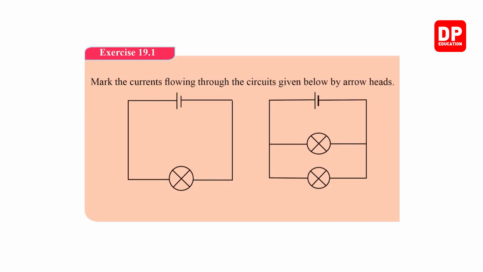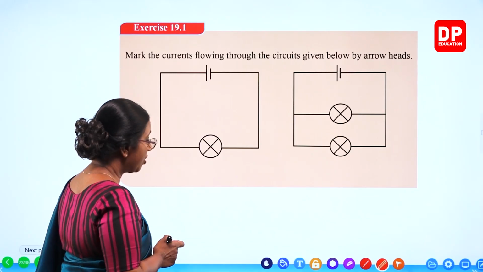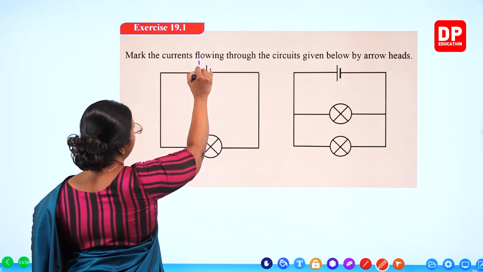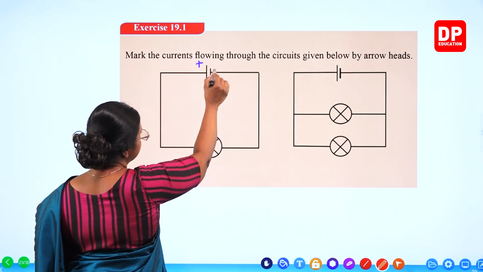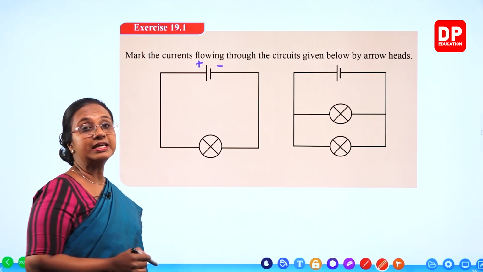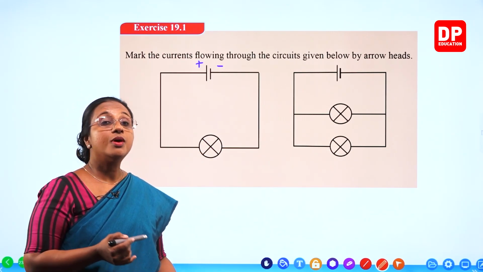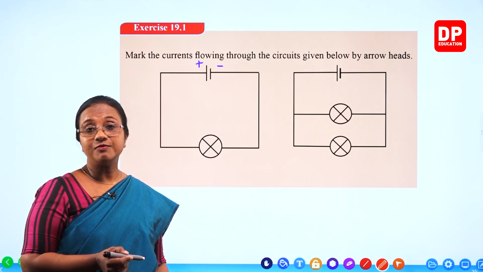That is an exercise given in your textbook. Mark the currents flowing through the circuits given below by arrowheads. So they want you to mark the currents. Now here, from the diagram you can see that's the positive terminal and the negative terminal, and that is a bulb. So how does the conventional current flow?